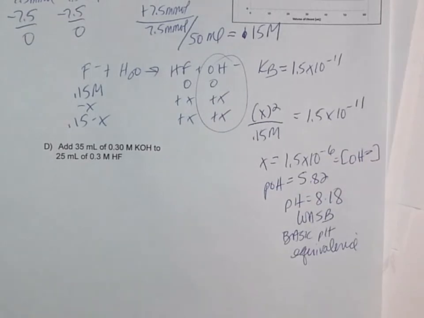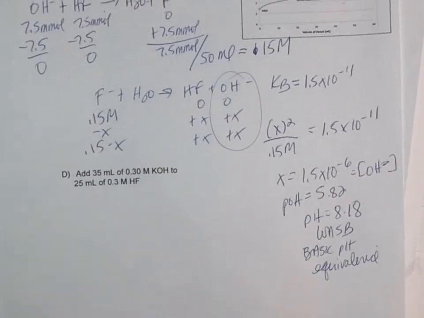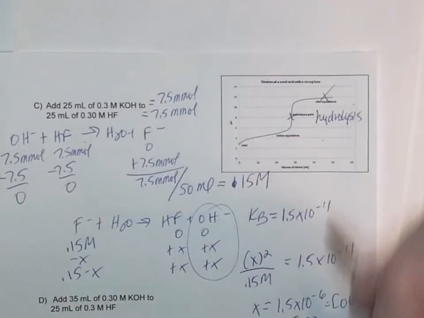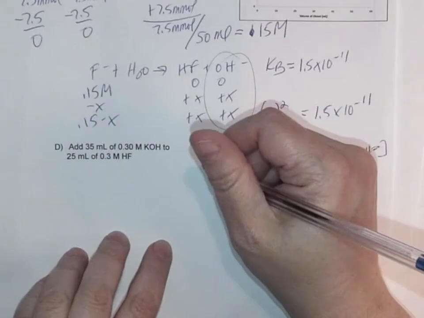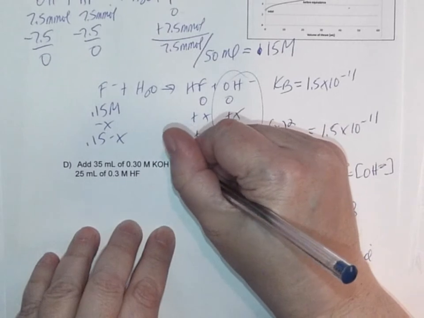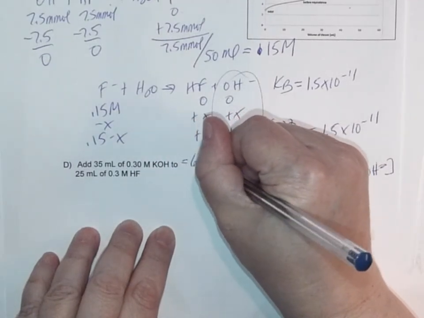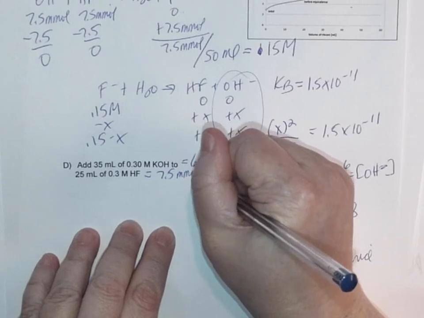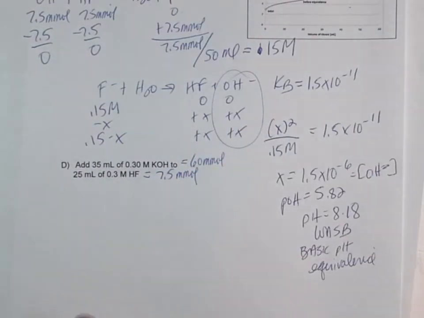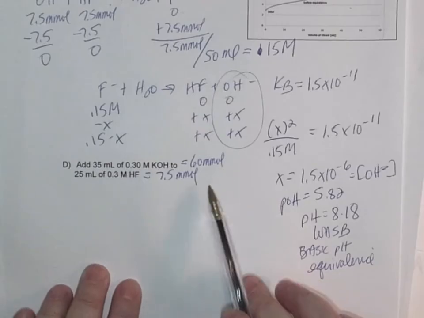Great test question. All right, now we're going to go to this part of the graph where I've over-titrated it with the material that's in the burette, which is the strong base. So when I do this, I have 60 millimoles of this. Again, I still have 7.5 in here because it's just considered a new problem. I have an excess amount of the base.